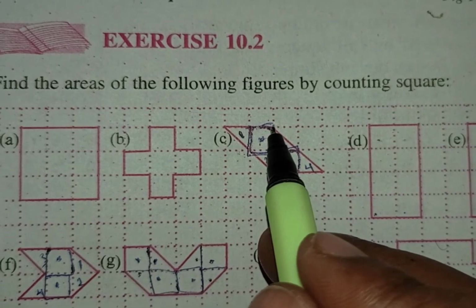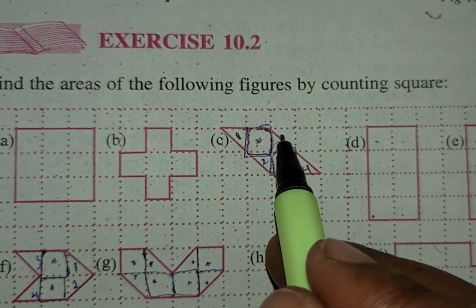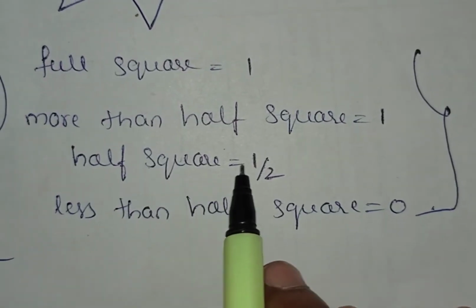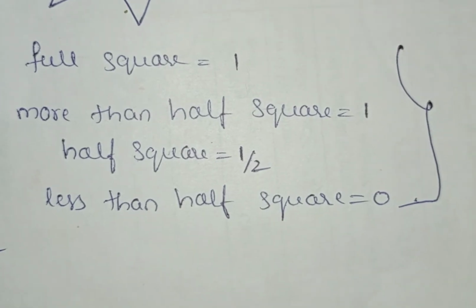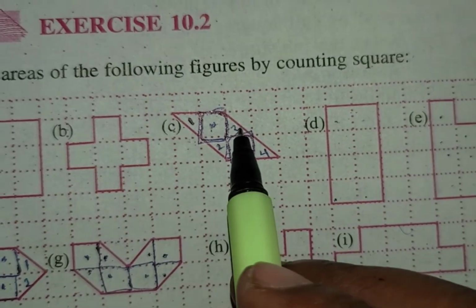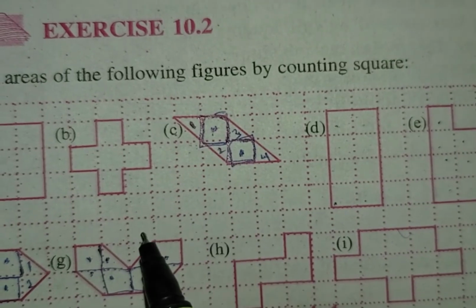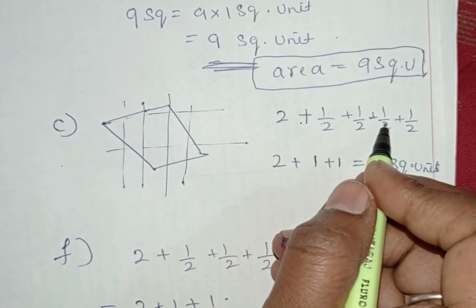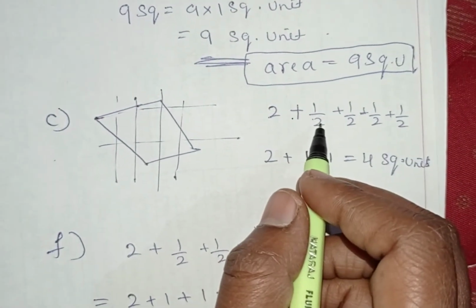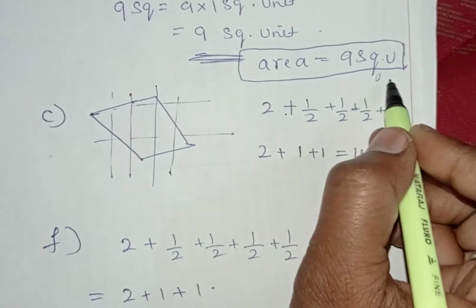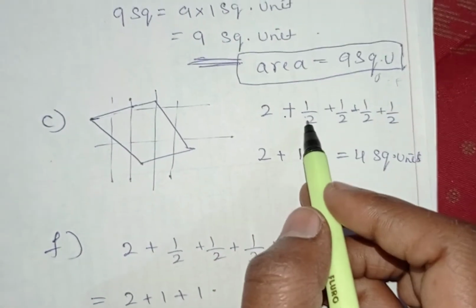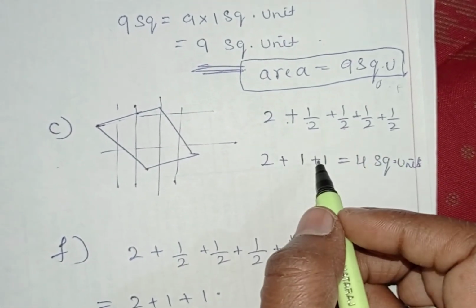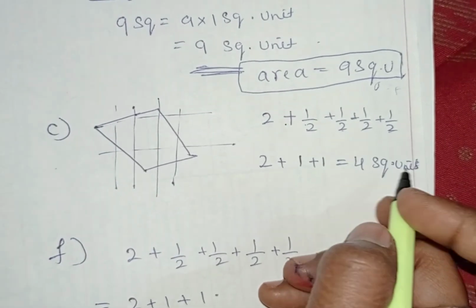Here this line crossed exactly half, right? This is the remaining half, this is the remaining half. For a half square, how much should we consider? Half only, right? So 1 half, 2 half, 3 half, 4 half. Here 2 full plus 4 halves. 1 by 2 is nothing but 0.5, right? So 2 plus 1 by 2 plus 1 by 2 plus 1 by 2 plus 1 by 2 equals 4 square units, right?